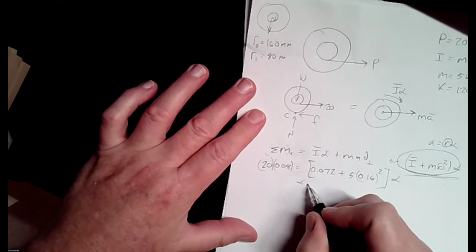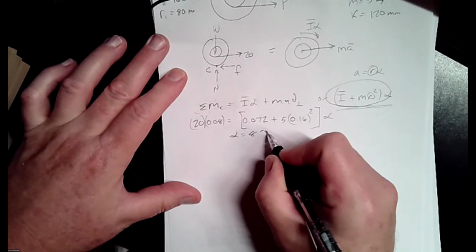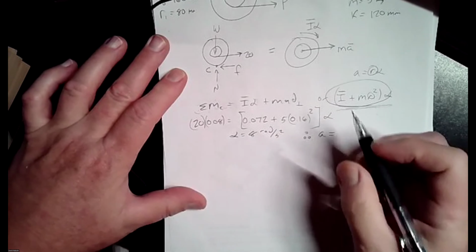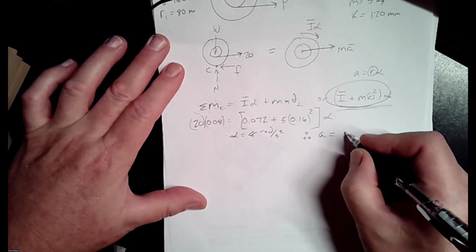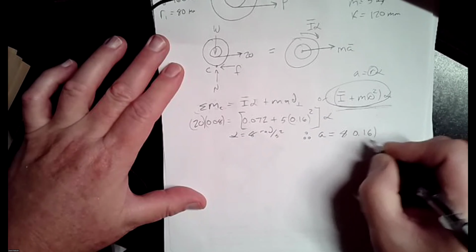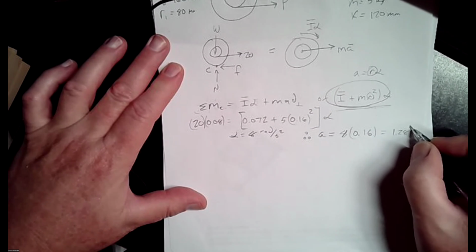Alpha this time is, so I make that clear, 8 radians per second squared. Therefore, the acceleration is equal to 8 times 0.16, which gives me 1.28 meters per second squared.